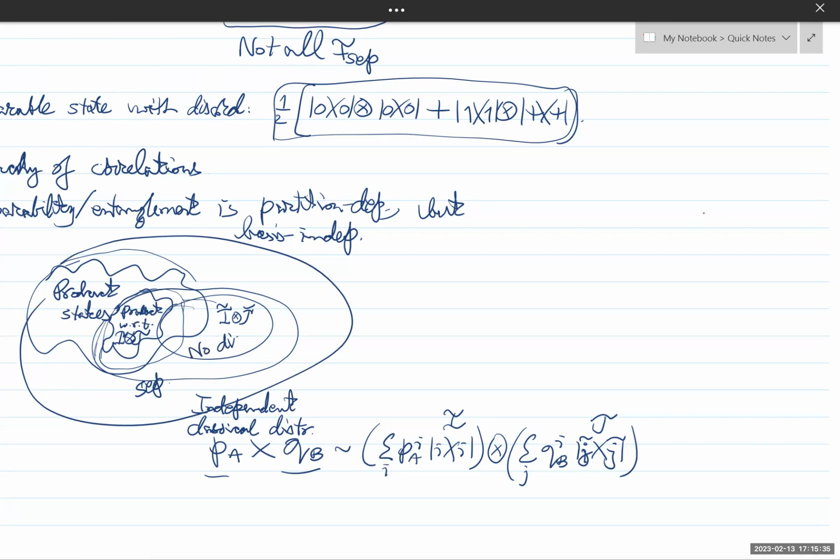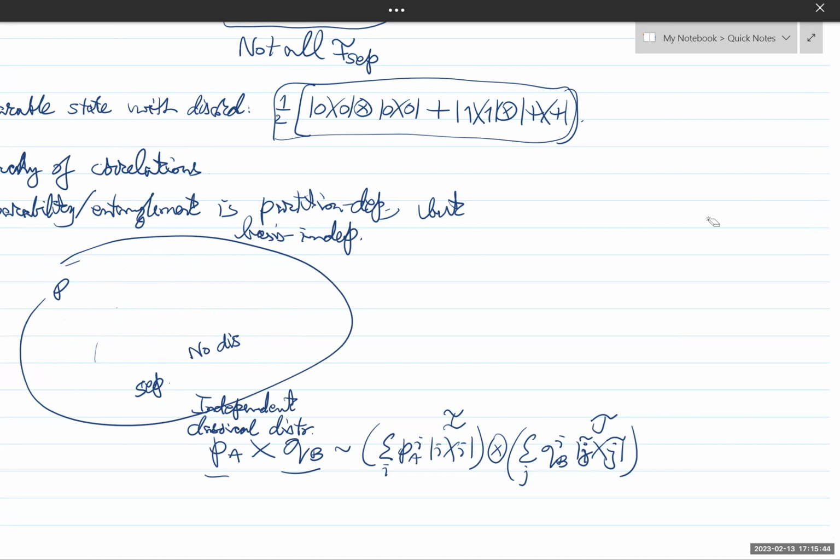No discord. So that's the reason that I wanted to mention this classical distribution thing. So I will now get rid of this mess here. I'll just say there's a convex set of separable quantum states. As a subset, it contains things which have zero discord.